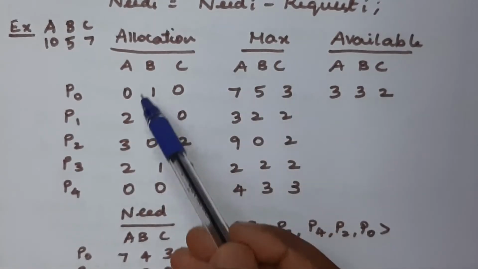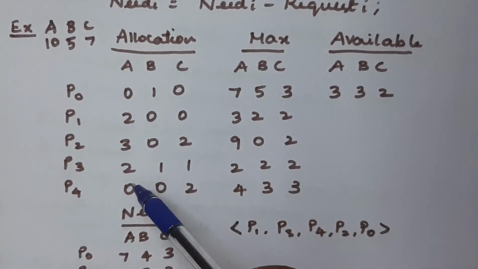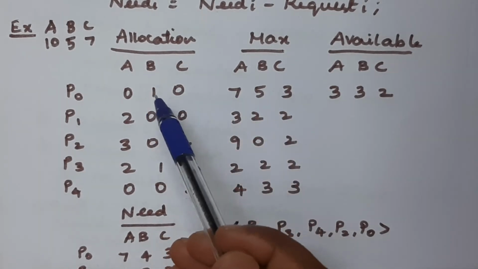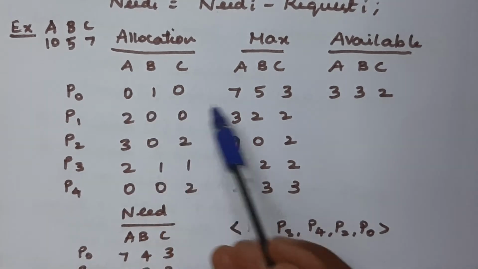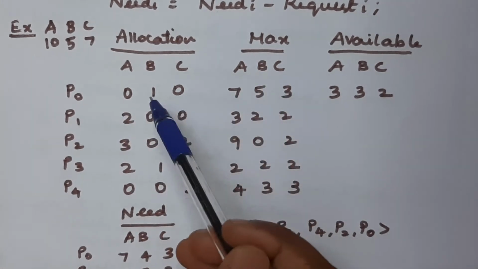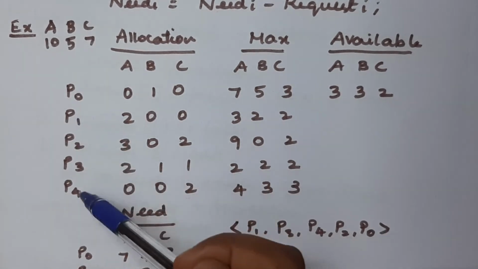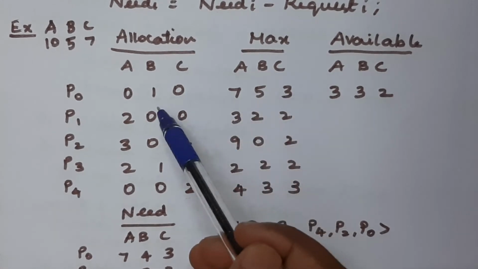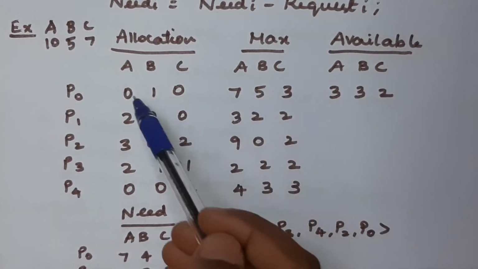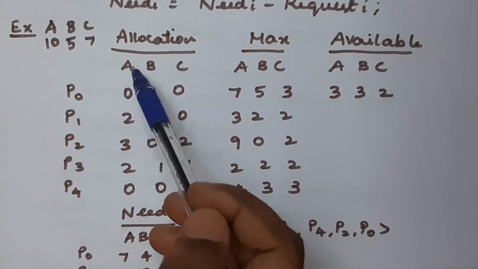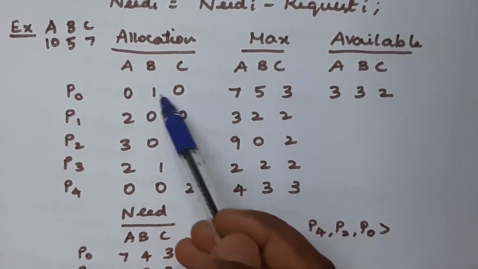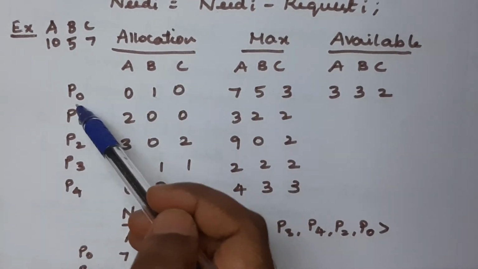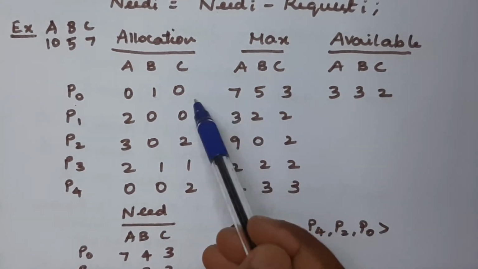Okay, now what is allocation? Allocation is, out of that max value, only some number of resources allocated to that particular process. It will not allocate the entire resources, because it has to allocate resources at a time for all these 5 processes. So it cannot allocate the entire number of resources whatever it needs, right? So out of 7 it is not allocating any resource of type A, out of 5 it is allocating only one resource of type B for the first process P0, and C has not been allocated, right?